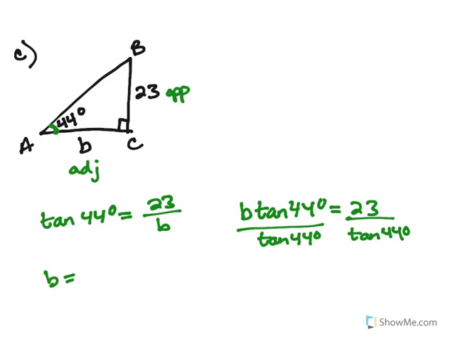So B is equal to 23 over tangent of 44 degrees, and rounded to the nearest whole number, I get 24.